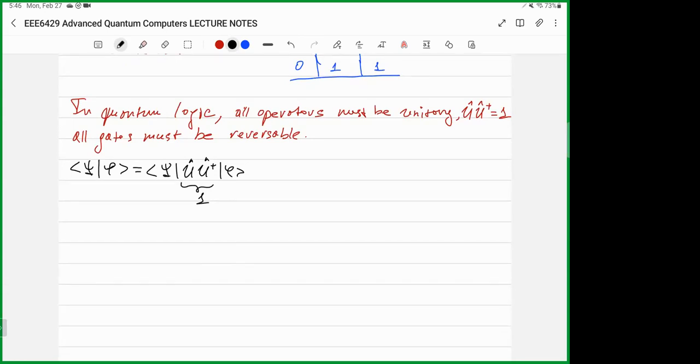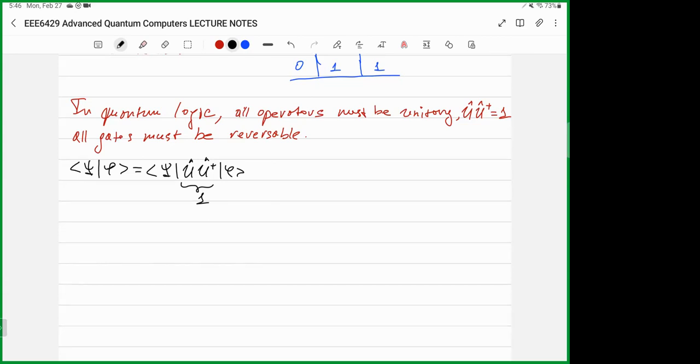So if my initial state was normalized, then after application of the quantum gate, which rotates or changes this vector in Hilbert space or in the Bloch sphere representation, the normalization of this vector doesn't change.